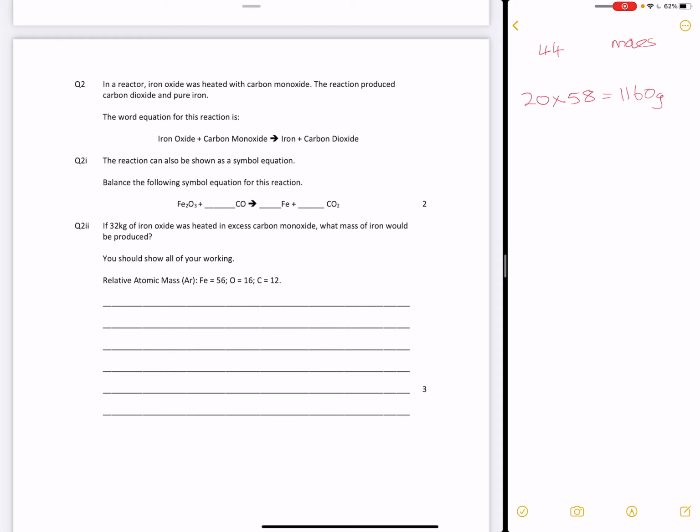this is a reaction between iron oxide and carbon monoxide. So this is a blast furnace, and the product is molten iron and carbon dioxide. And for 2 marks, the first question, you need to balance the equation. So pause the video here and balance it, please.